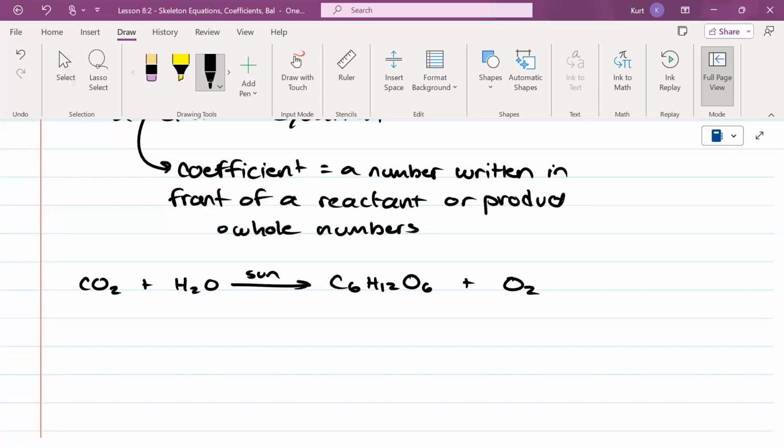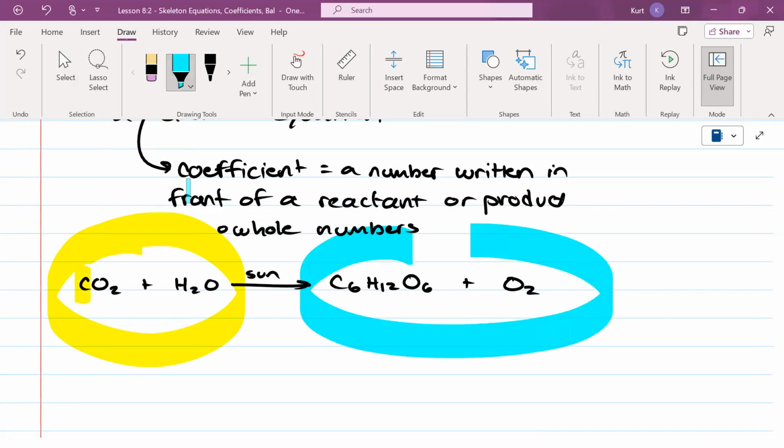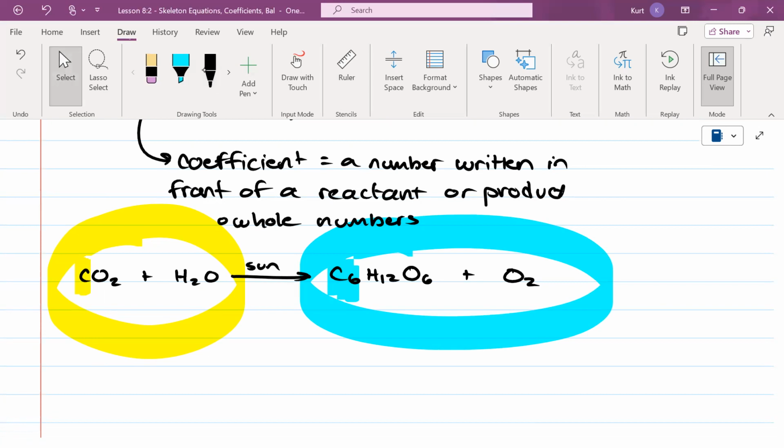Now, I want to share with you what I mean by unbalanced. Ben, I want you to look at the entire reactant side. How many carbon atoms do you see? Very good. 1. Ben, I want you to take a look at the entire product side. How many carbon atoms do you see? Look at that. That is unbalanced. I'm going to teach you how to balance that. We'll get back to photosynthesis momentarily.